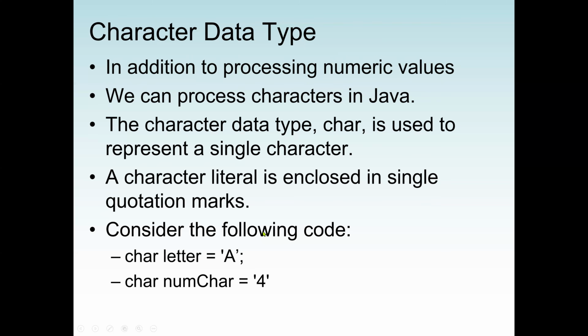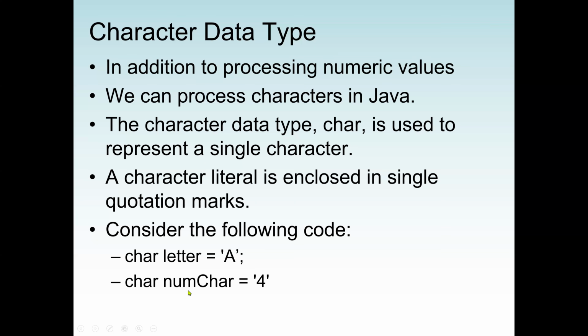So that's the difference: a string uses double quotation marks and a character uses single quotation marks. For example, here we declare a variable named letter. The data type is char. We assign a single character to it, but the character is in single quotation marks. Now, if we put it in double quotation marks, it becomes a string. A character can be a symbol, a letter, or a digit.